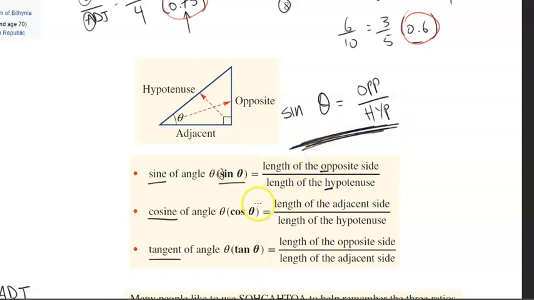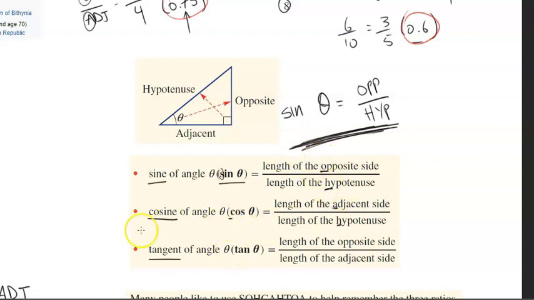Okay. The second trigonometric identity is that the cosine is equal to the adjacent over the hypotenuse. So the cosine is equal to the length of the adjacent over the hypotenuse. So the only thing that changes on the right hand side is changing the opposite to the adjacent side. And if we use adjacent and hypotenuse, we use the cos or the cosine trigonometric identity.